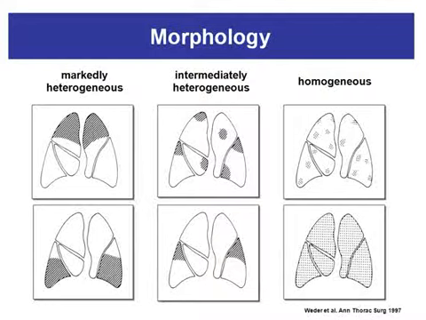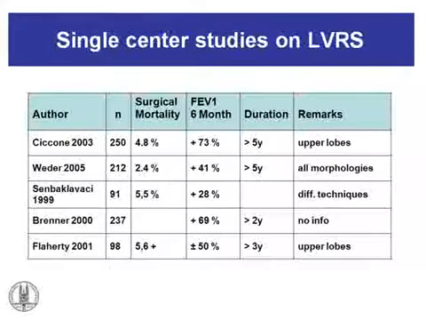So we are focusing on this group, which is called in the NETT the non-upper lobe emphysema. So we were concentrating on this, and I will show you the data in a while. When you looked at different single-center studies, most of them, like Joel Cooper's group, used upper lobe emphysema.